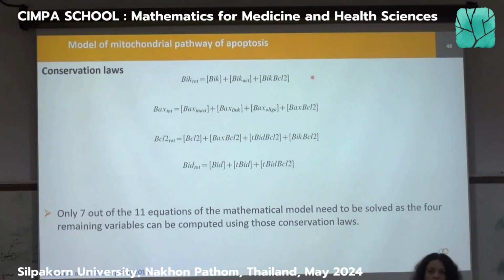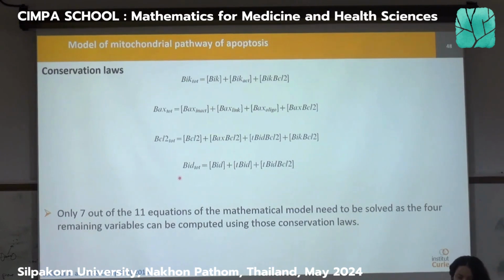Remember that we have seen that the total amount stays constant over time in the presence of the Bak. Meaning that if I take all my species that include Bak in my model, this should be constant. So for instance, Bak can be Bak inactive, Bak active, or Bak in contact with BCL2. And you do the same for Bax, BCL2, and BH3, and get the total quantity.